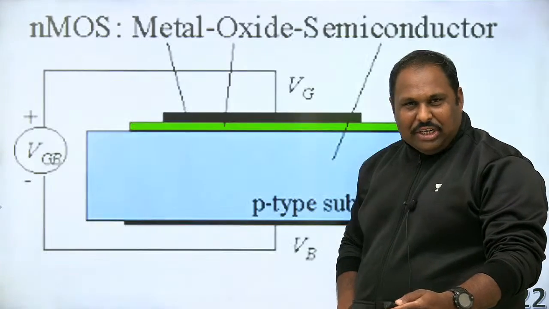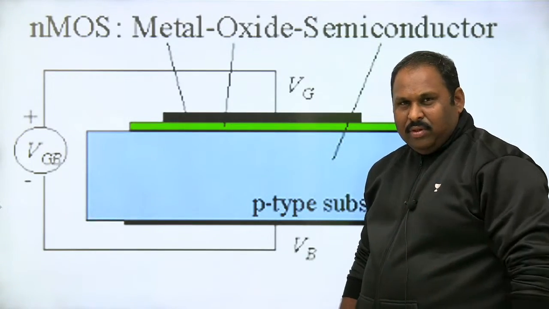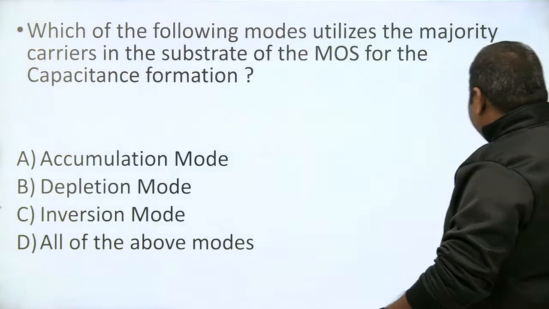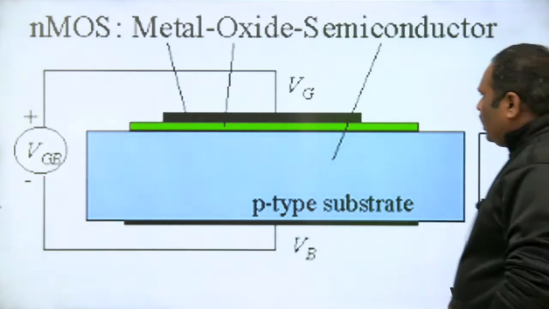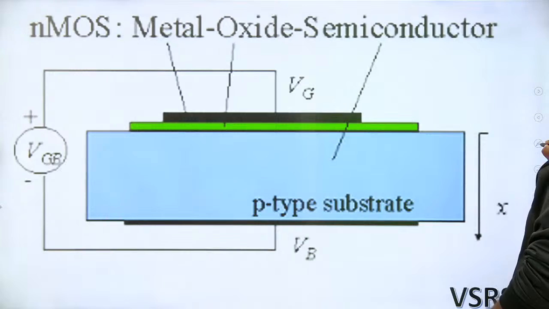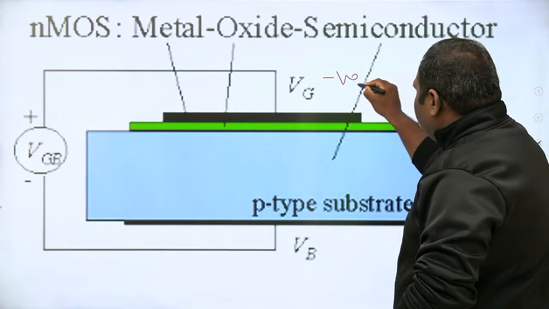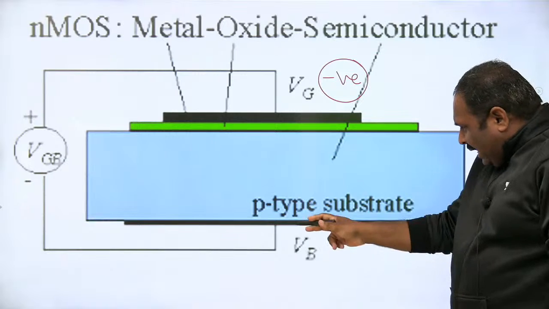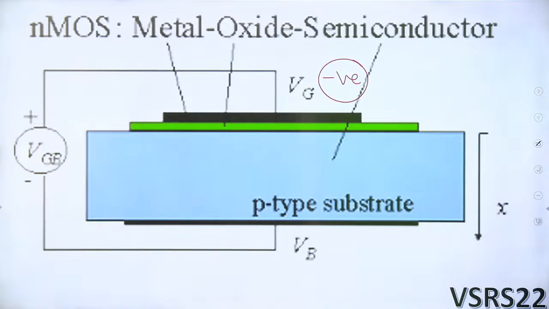Accumulation mode is that condition where this gate is given with a polarity which is most often negative. So gate की जो polarity होती है, it's got to be most often negative. So once this is negative, it will attract all your holes, positive charges.